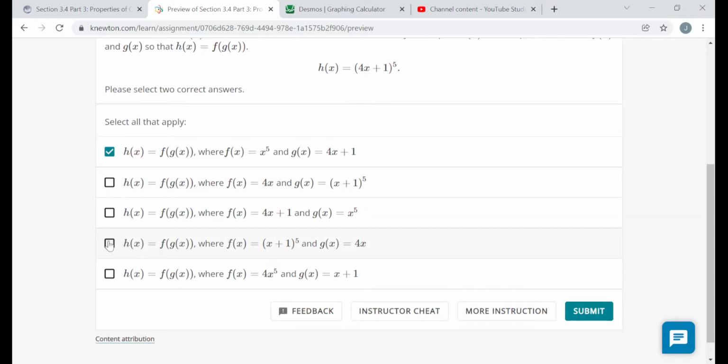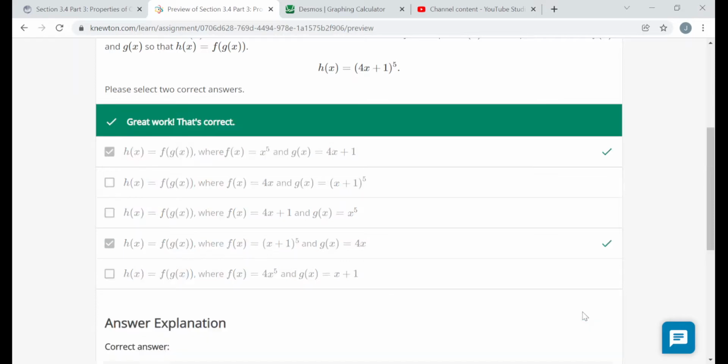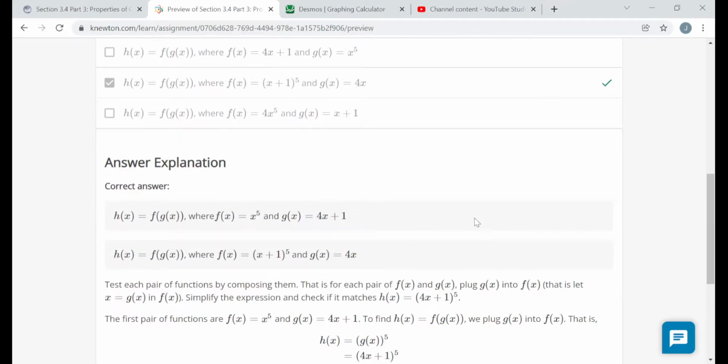So this option also works. And this one doesn't. If I replaced x with x plus 1, I'd have 4 times the quantity x plus 1 to the 5th, which is totally different. So look through all the options, compose f with g, plug g into f, whatever you want to say, and see which ones give you the same as h. Multiple options here.